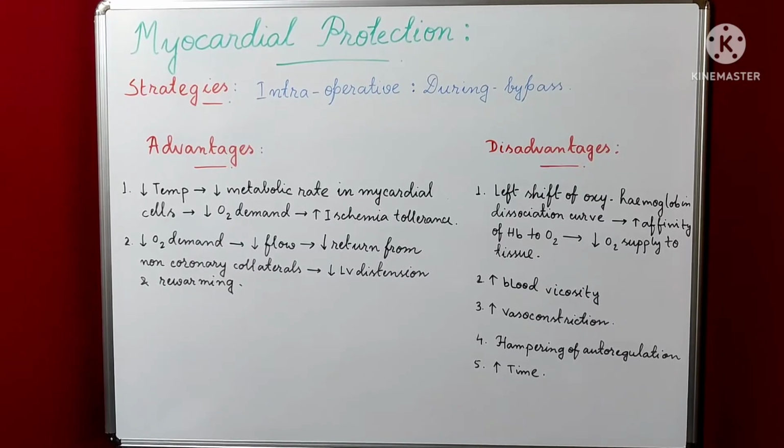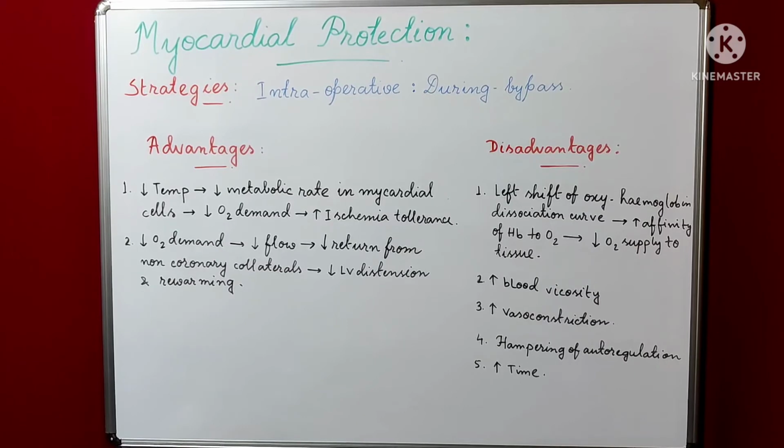With hypothermia, vasoconstriction will occur, and in combination with increased blood viscosity, it will more and more hamper the circulation at the level of microvasculature and affect tissue perfusion.